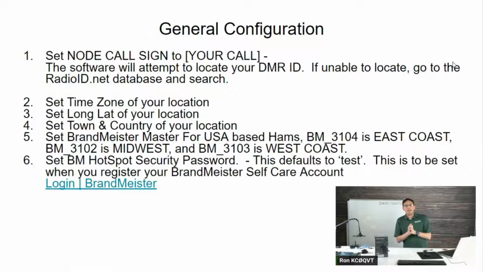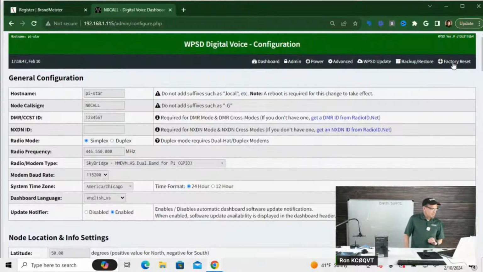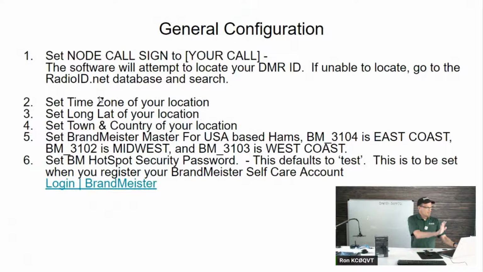This is where you start adding your particular credentials to the hotspot so that you can make it your own. So I'm going to show you how to do that and how quick and easy it can be. I'm going to go back and forth between that sheet and this page where I set it up so that you can see what I'm doing. Okay. So first you want to set the node call sign.